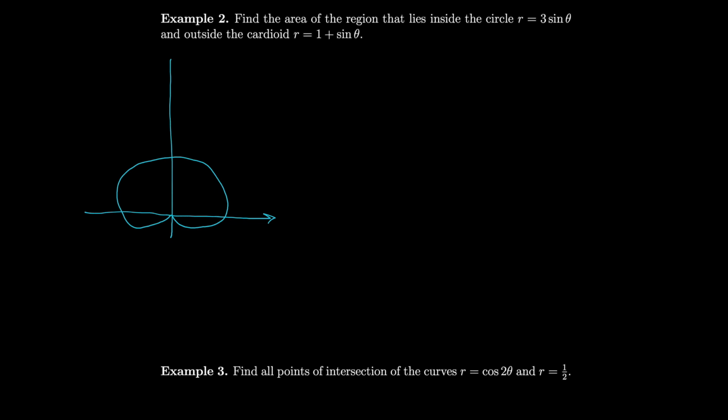And this is r equals 1 plus sine theta. Here's our origin. And we need r equals 3 sine theta now. So let's do that in another color. So that would be this circle.